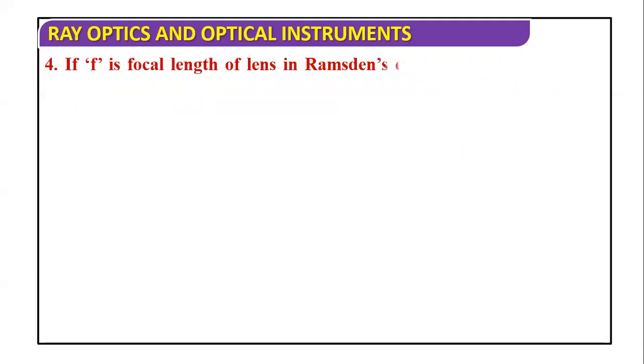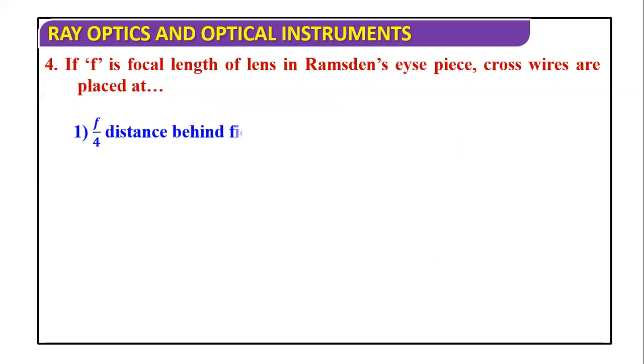The next question is: if f is the focal length of the lens in Ramsden's eyepiece, cross wires are placed at which position?